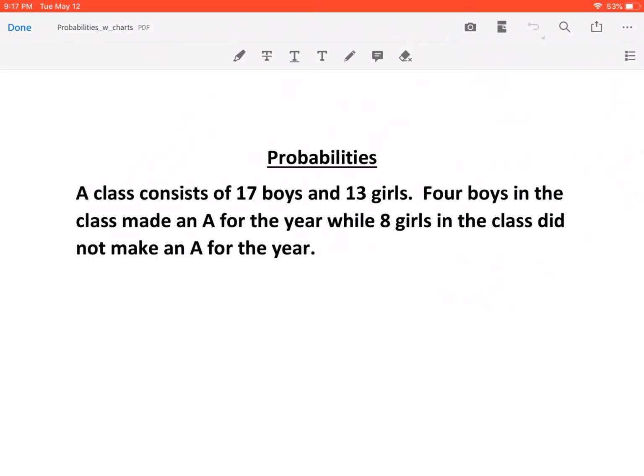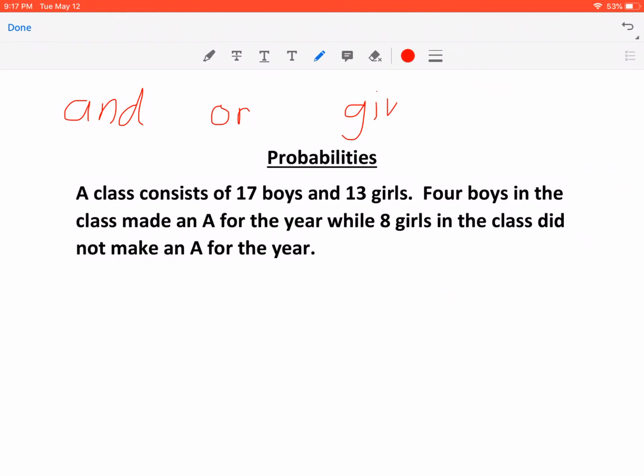So what you're doing today is probability charts just like yesterday, but I'm not giving you the chart. You just make it your own, and it should be pretty simple. The key is you are going to see the same words: and, or, and given. Remember, if it's given, whatever comes after given is the new denominator.